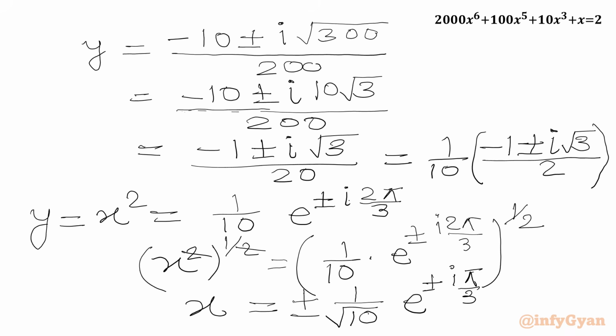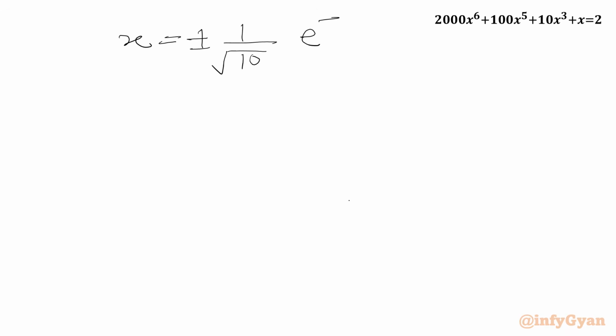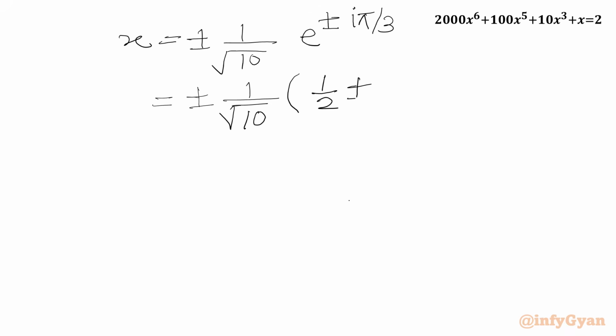Now e raised to the power iθ is cos θ + i sin θ. So I will write x will be equal to ±1/√10 e^(±iπ/3), which equals ±1/√10 (cos 60°, which is 1/2, ± i sin 60°, which is √3/2). Now we have to simplify a bit.